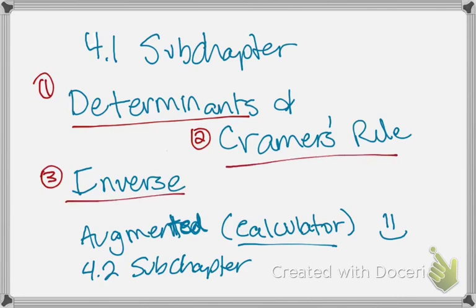Okay, and here's what you're going to do. You're going to Google how to do determinants on a calculator, how to do Cramer's rule on a calculator, how to do inverse on a calculator. Okay, so there should be 3 of you in a group, 3 or 4 of you in a group. Make sure you have at least one calculator and one Googling device. And Google those 3 things. And then you're going to share with the class. So maybe take 10 minutes, 8 to 10 minutes to figure that out.